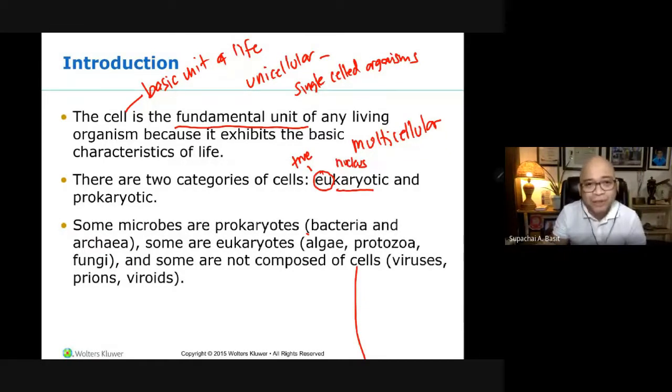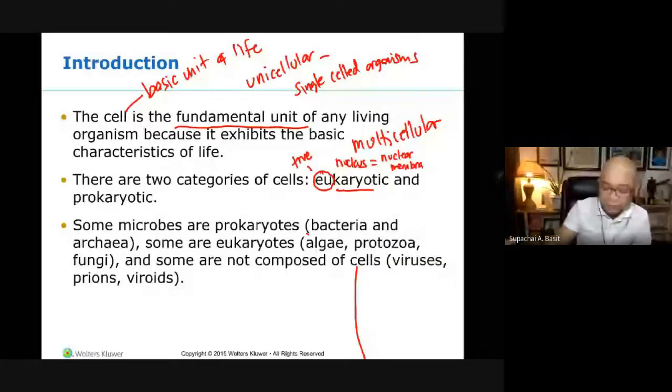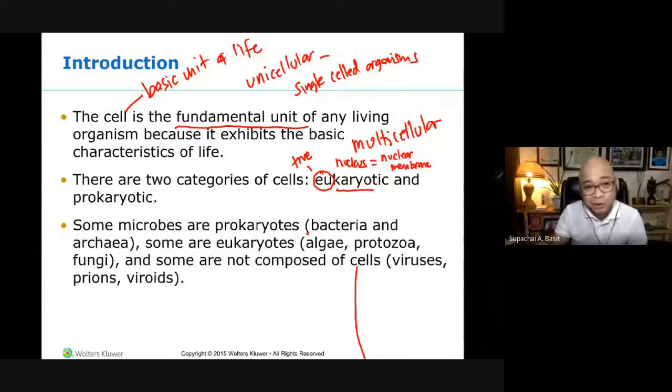So when you say eukaryotic, this one is provided with a true nucleus. And what makes it a true nucleus? Because of the presence of a nuclear membrane. Because of the presence of the nuclear membrane, that is considered to be a true nucleus.